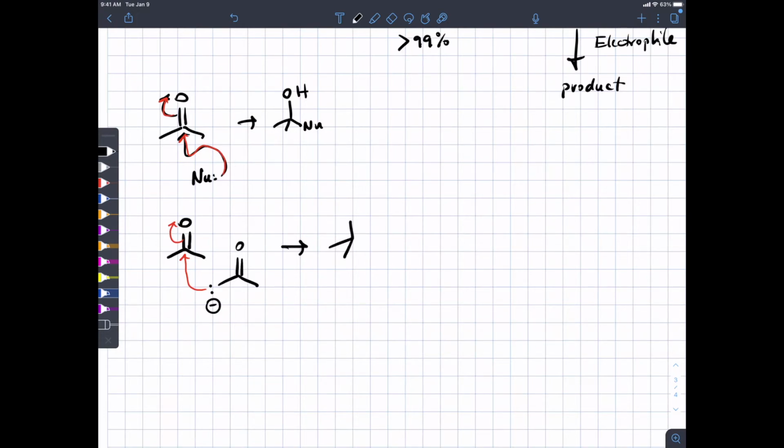Well, just like we did above, we would first have a negatively charged oxygen here. The new bond that we made is going to be here, and that bond is going to be between the alpha carbon of the enolate and then the carbon of my tetrahedral intermediate. So here's the alpha carbon of my enolate. Here is what used to be the carbonyl carbon, now the carbon of my tetrahedral intermediate.